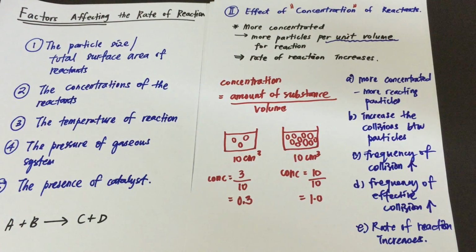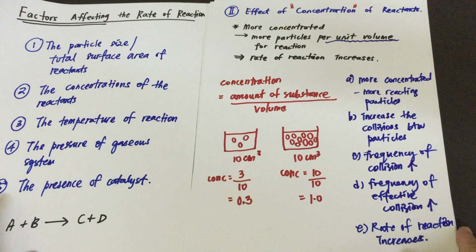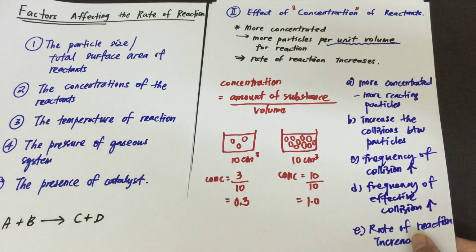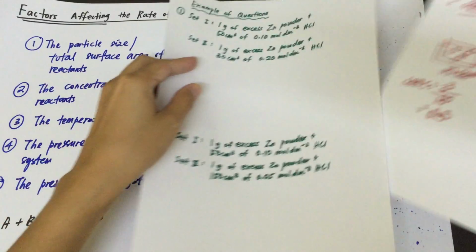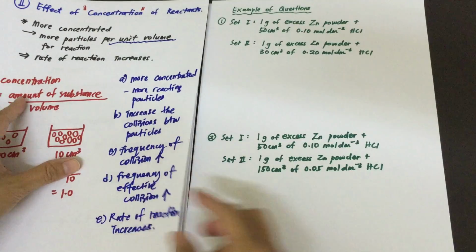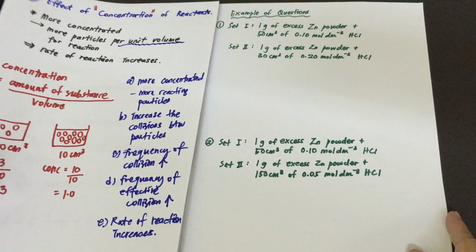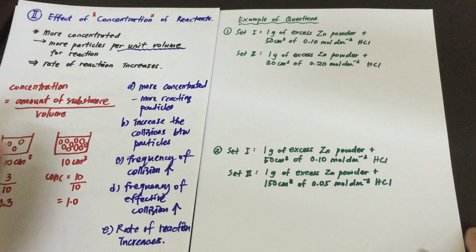With this, I hope you understand how to explain the effect of concentration of reactants according to the collision theory. And I would like to share with you some examples, especially on how to sketch the graph. Look at this particular example question.